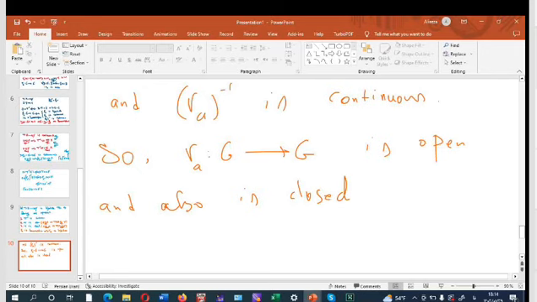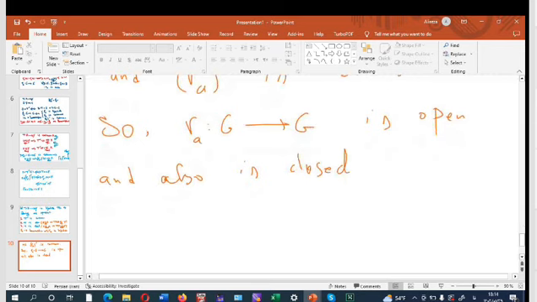So R_a of F is closed. This function is closed, so any closed set must map to a closed set.